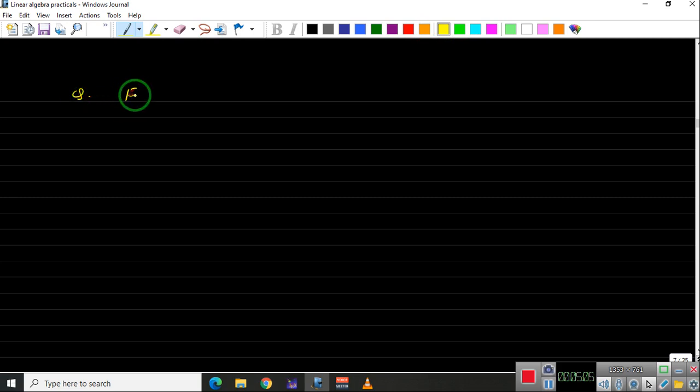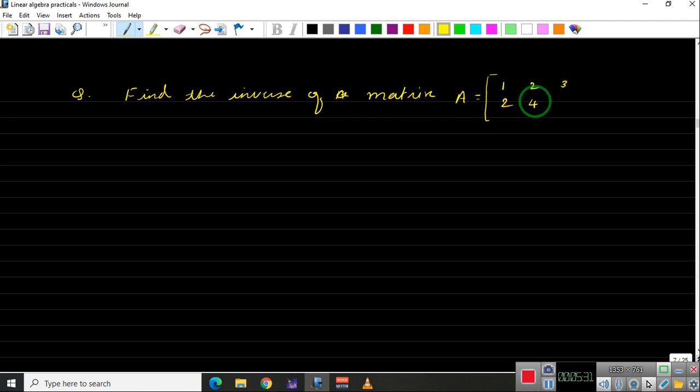Question: find the inverse of a matrix A. Let us use a 3 by 3 matrix: 1 2 3, 2 4 5, and 3 5 6. Let us take this 3 by 3 matrix.